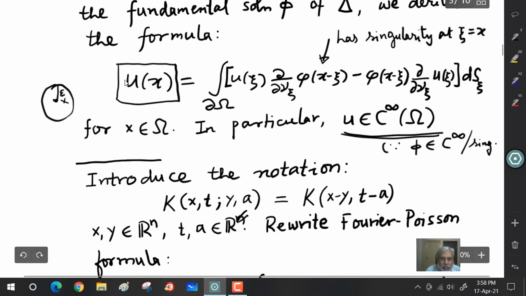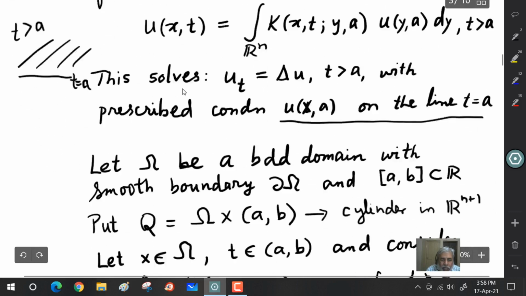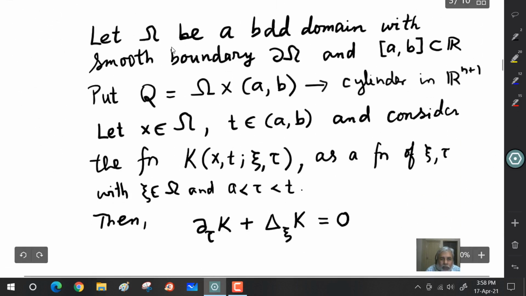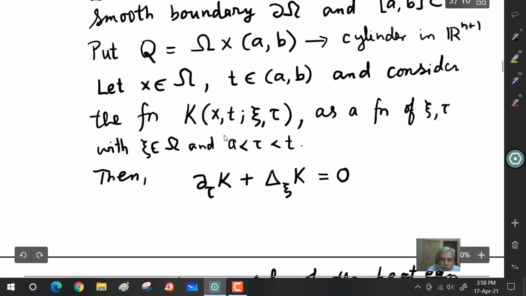Okay. So similar to the harmonic function, where we derived a formula for u of x in a domain, here also we'd like to derive a formula for the solution of the heat equation at a point x in omega and t in this given interval (a, b).